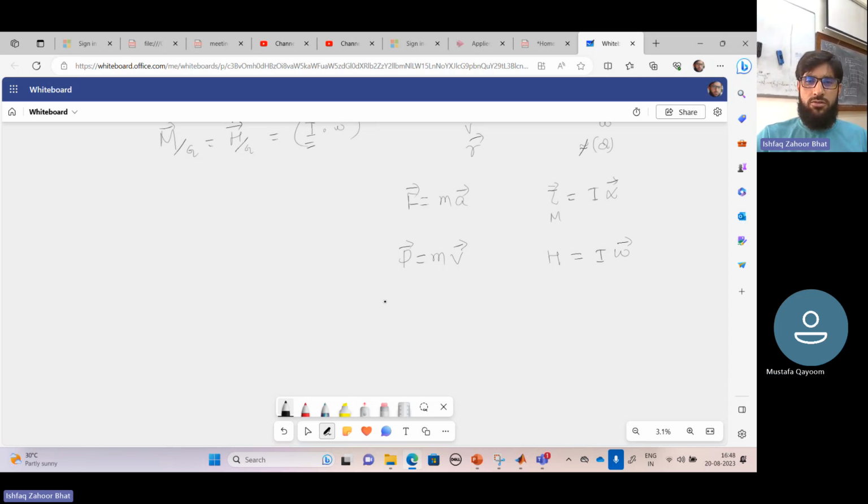Then we know that F is nothing but dP upon dt, and here we write tau is equal to dH upon dt. Since mass is constant, this is m dV upon dt. And here we take I as constant and write tau equal to I d omega upon dt, and we get I alpha. And here we get m into a. This is what usually people do in high schools.